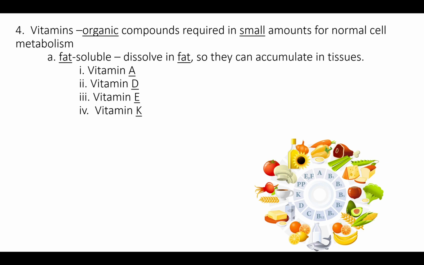The bad thing is if you eat too much of it. A lot of people will take mega doses of these vitamins thinking that it's helping their nutrition, when in fact they can be built up to toxic levels, and you can have some severe side effects as a result of that. So you have to be careful and not eat too much of this stuff. These include vitamin A, D, E, and K.